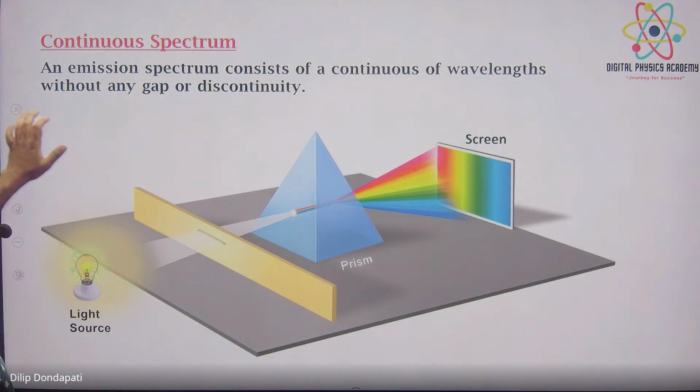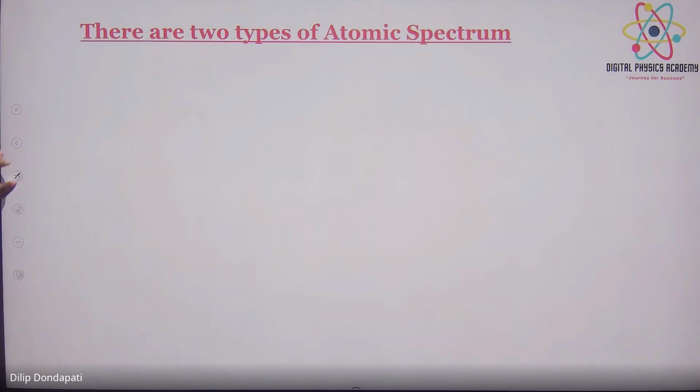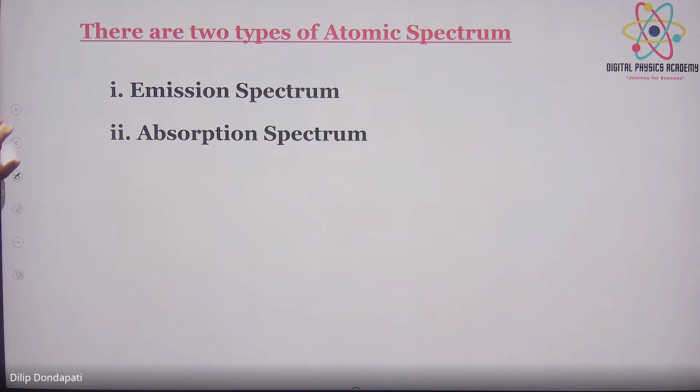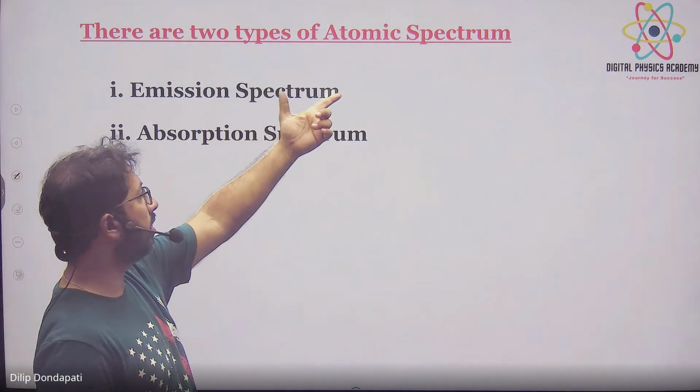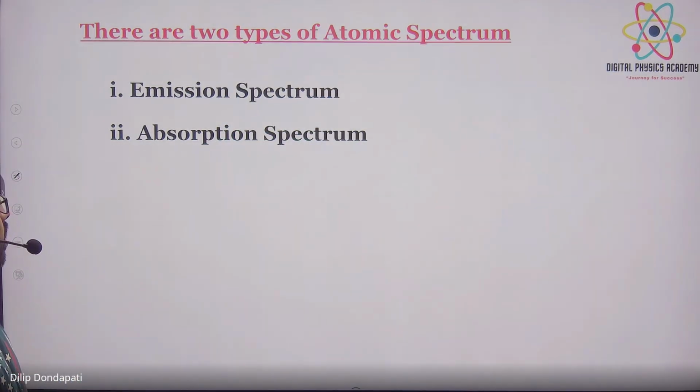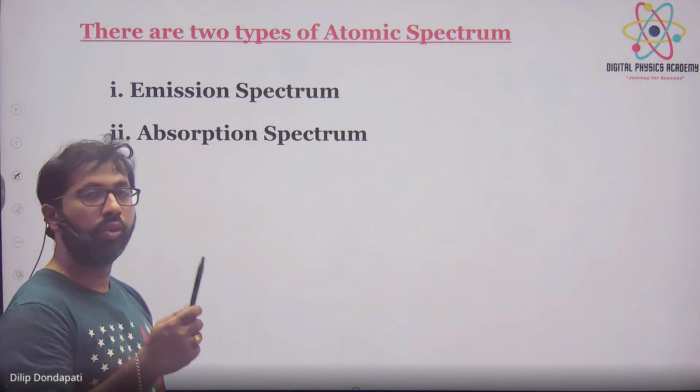Okay. Now we have two types of atomic spectrum: one is emission spectrum, other is absorption spectrum. Emission spectrum के बारे में ज्यादा पढ़ने वाले हैं, absorption spectrum में 2-3 लाइन्स पढ़ने वाले हैं. Rutherford ने क्या बोला?